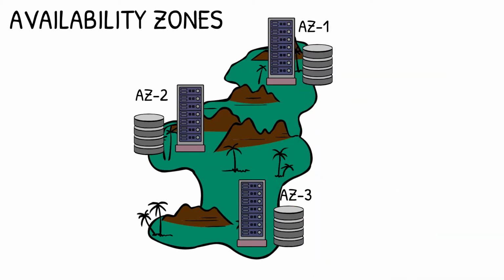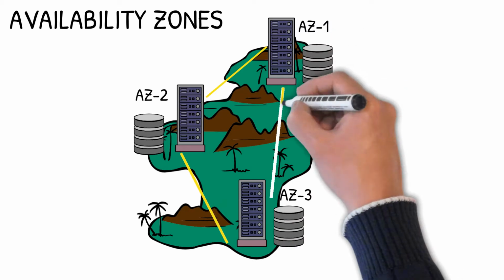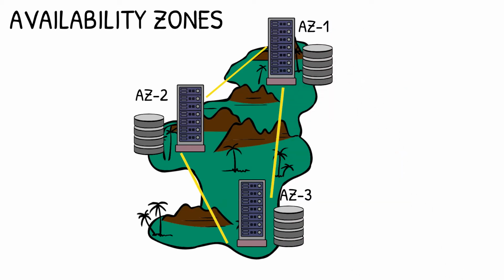This helps you achieve more high availability, fault tolerance, and scalability than would be possible from a single data center. Availability zones within a region are interconnected via high bandwidth fiber optic cables to provide low latency network connections.